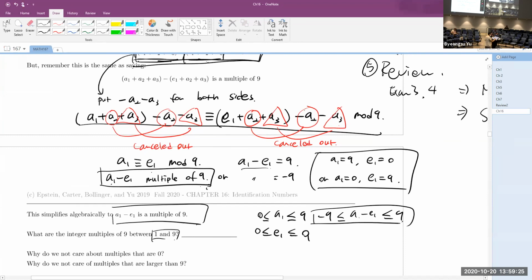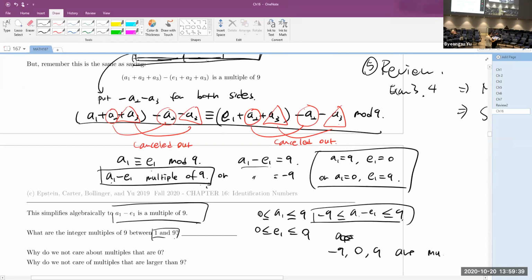And here from minus 9 to 9, the multiples of 9 are minus 9, 0, 9, right?